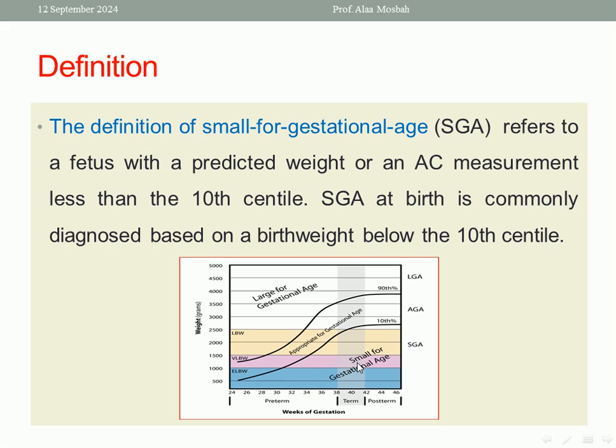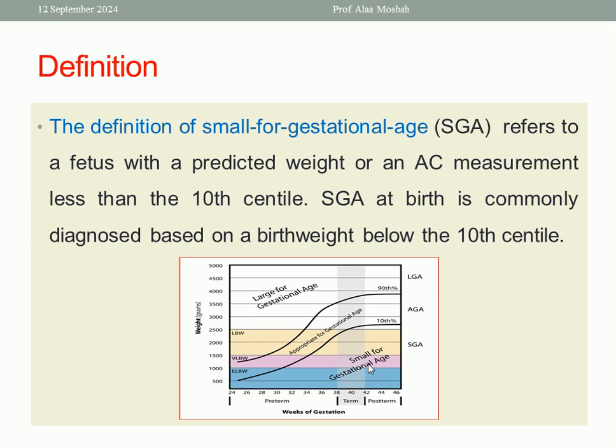This is the zone for small for gestational age. So again, the definition of small for gestational age refers to a fetus with a predicted weight or an abdominal circumference measurement by ultrasound less than the 10th centile.